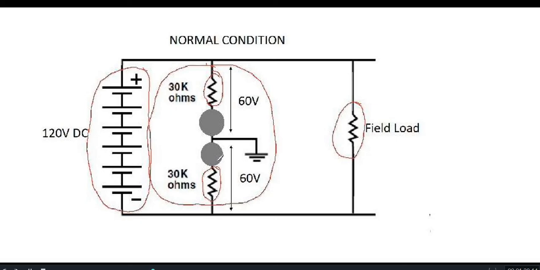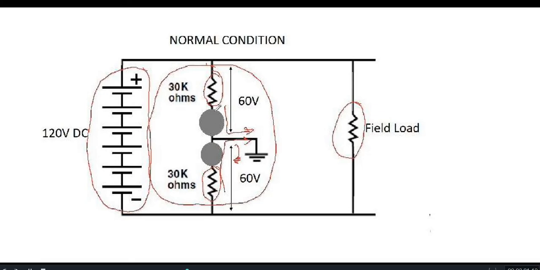These two resistances are connected across the 120 volt DC, and in between we can see there is an earth. These two resistances are connected symmetrically so that there is no current flow from this side or from this side.